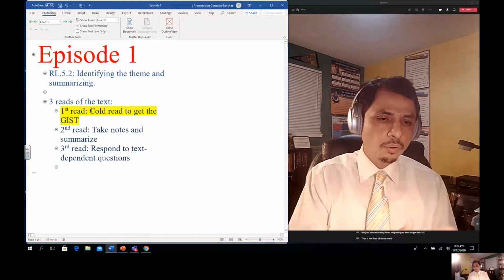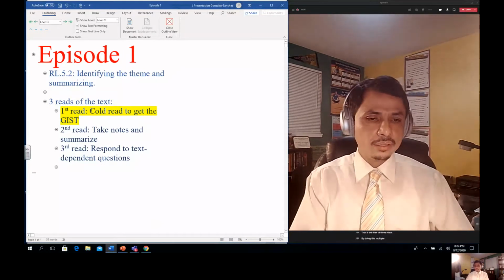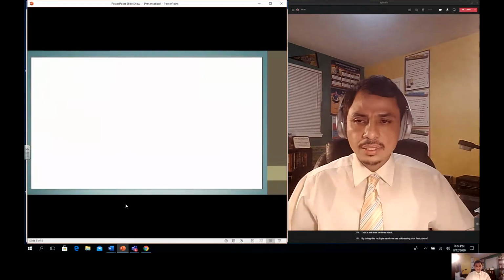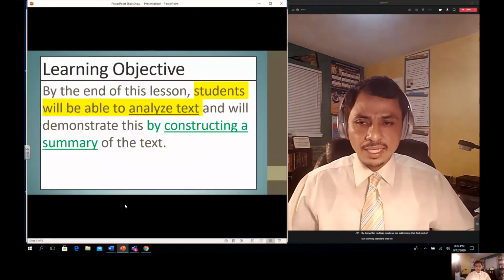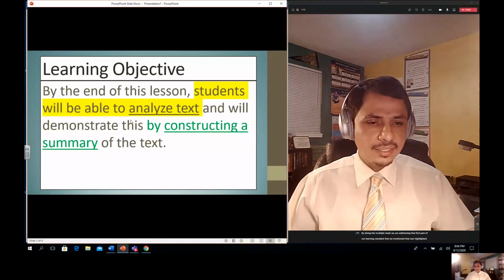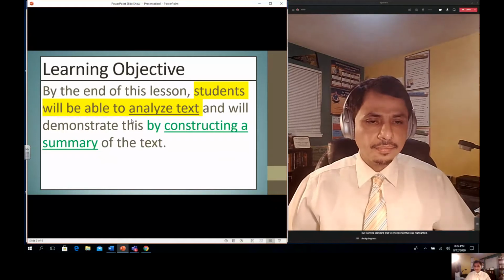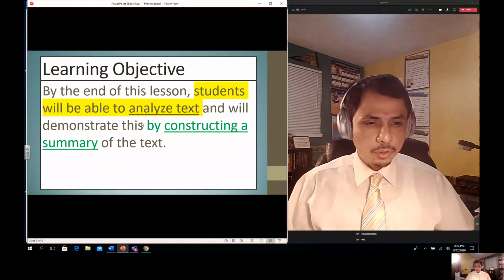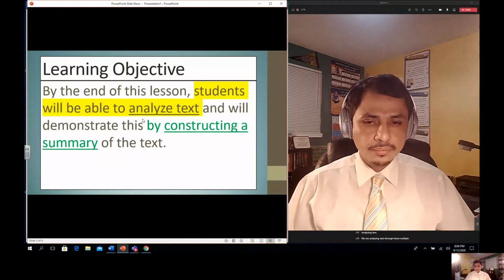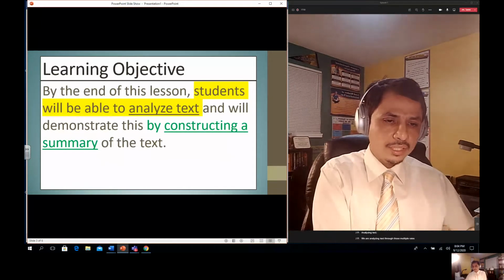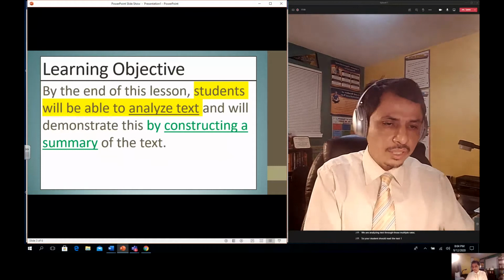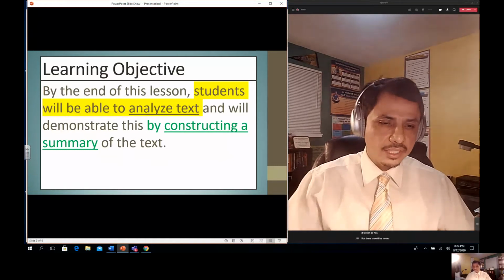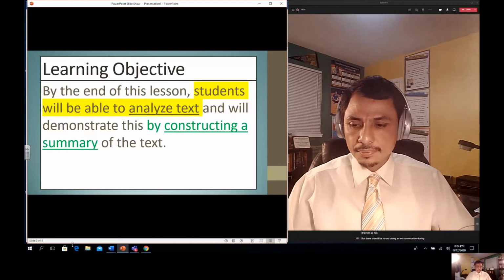By doing these multiple reads, we are addressing that first part of our learning standard that we mentioned, that was highlighted, analyzing text. We are analyzing text through those multiple reads. So your student should read the text one time, or you could read it to him or her, but there should be no note-taking and no conversation during that first read.